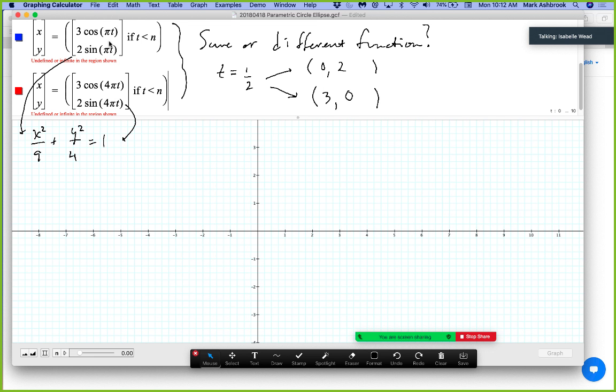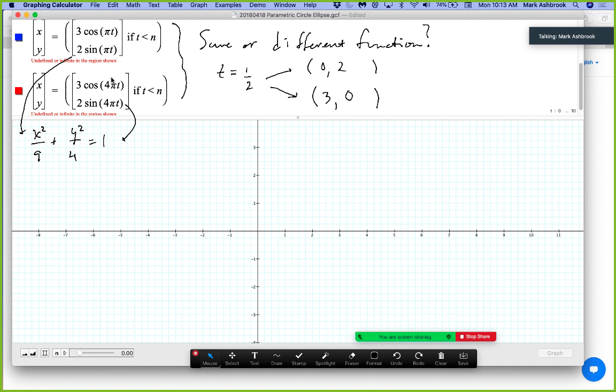Won't the second graph be 4 times as fast? Okay. Right. Yeah. So if t goes from 0 to 1/2, this argument is going to go from 0 to 2 pi. This argument is going to go from 0 to pi over 2.